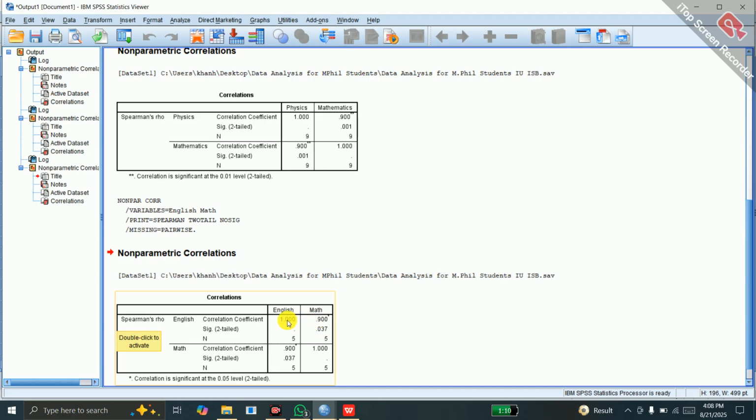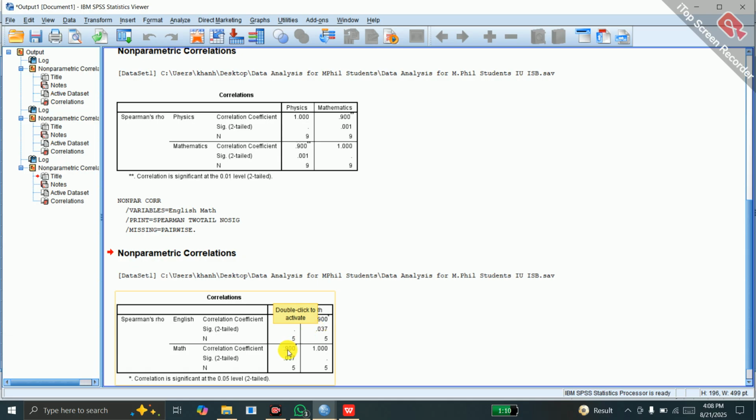The Spearman's rank correlation coefficient between English and English is 1, that is a perfectly positive correlation. But the Spearman's rank correlation coefficient rho between English and math is 0.900, and its p-value is 0.037. Earlier the p-value was 0.001, and that was the Spearman's rank correlation between physics and mathematics. This is between English and mathematics.